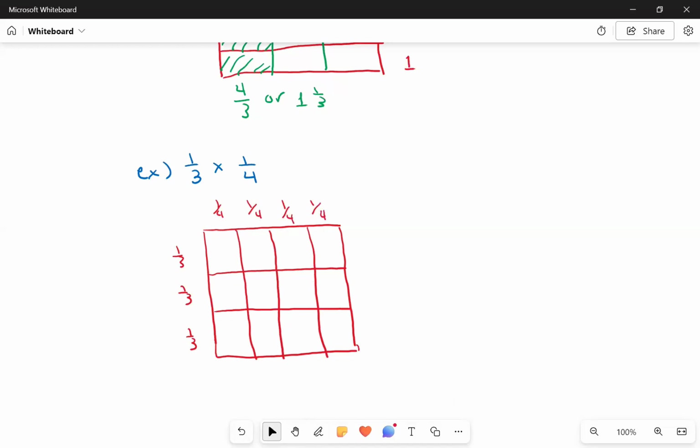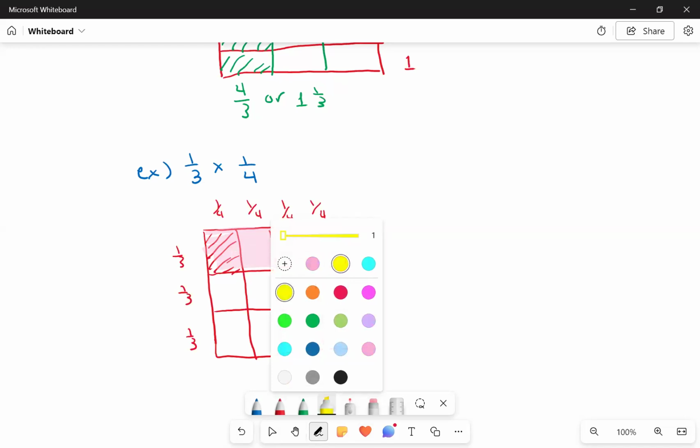All right. And then the two of those combined, the 1/3 times 1/4, taking a third and a fourth, ends up being a single rectangle. Because what we're basically doing here, let me highlight this, is we're selecting 1/3 of the rectangle, and then we're selecting 1/4 of the rectangle.